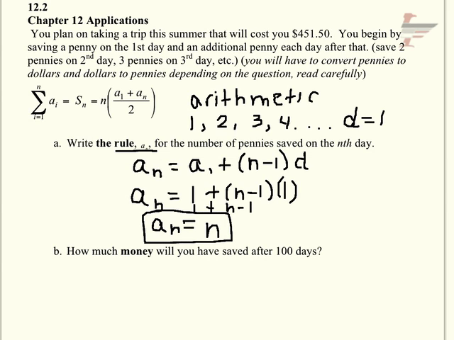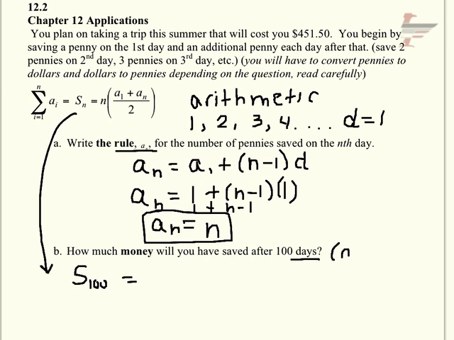Part B says, how much money will you have saved after 100 days? And let's assume that that's total. So we're going to now use the sum formula. So sum of 100 days equals n, and n would be my 100 days.